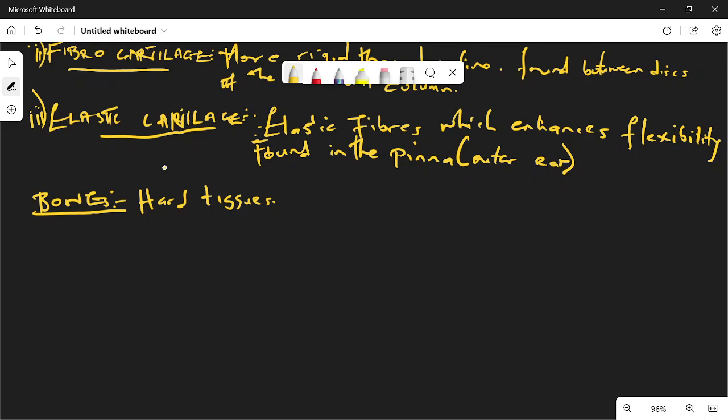So all bones were originally cartilages, and then ossification takes place where the cartilages become fully formed and turned into bones. Is it clear now?